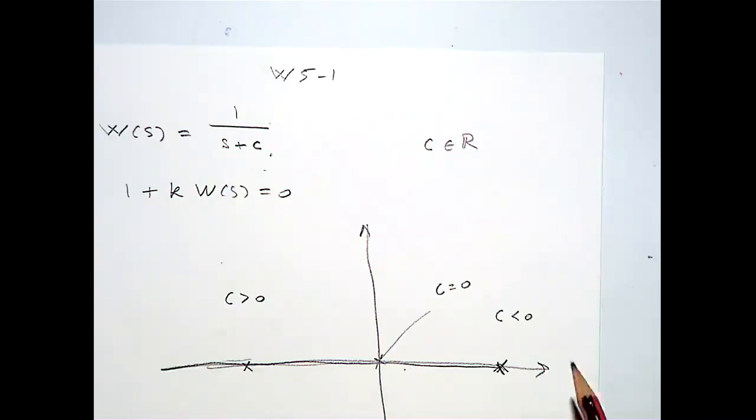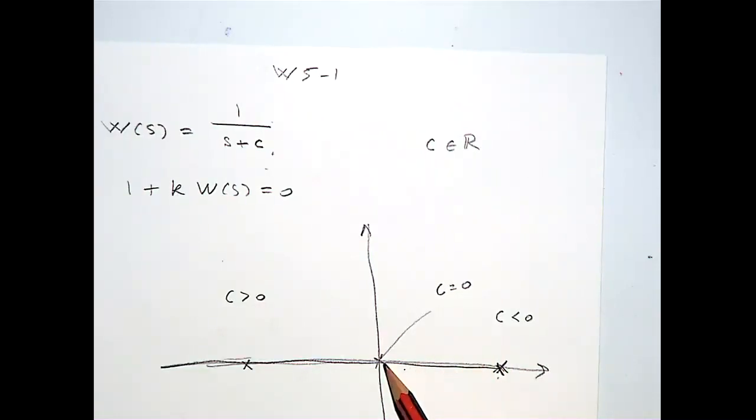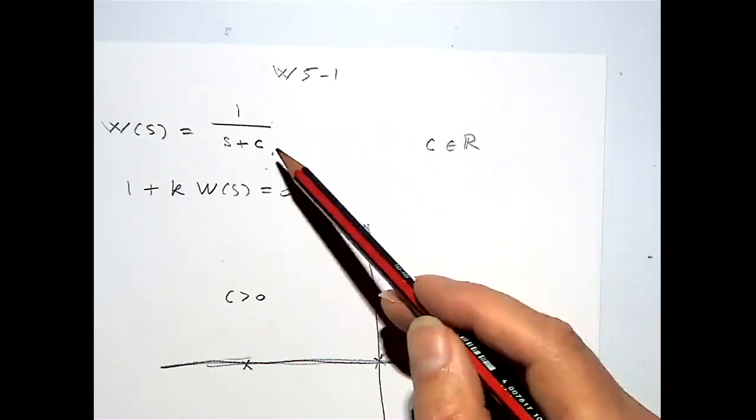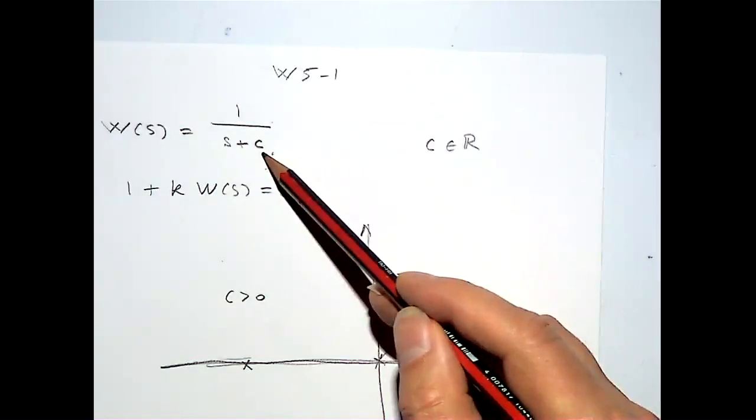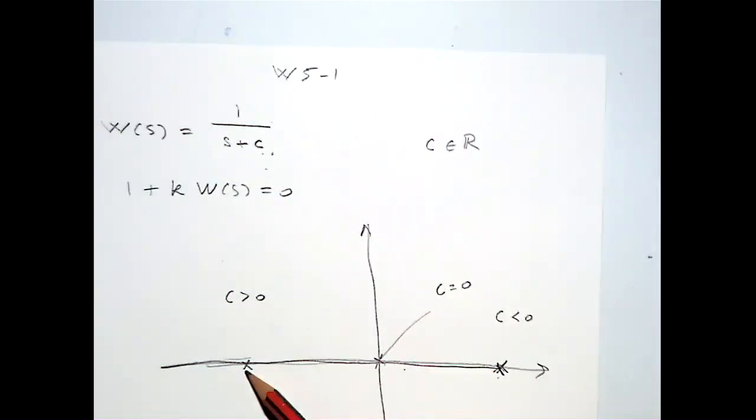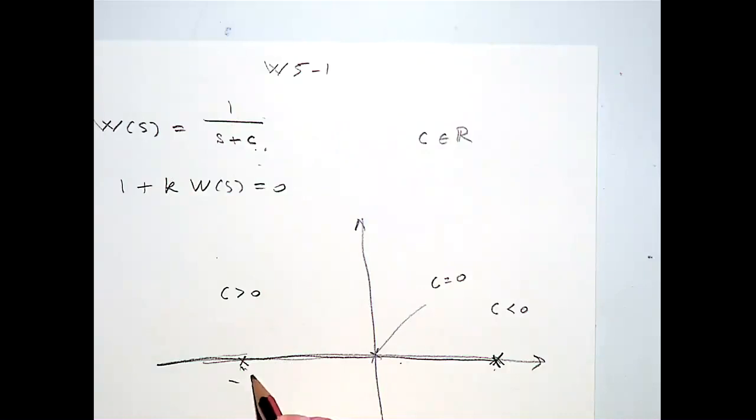Note that depending on the constant c, the root locus might start from here if we have an unstable open loop pole. It may start from here if c is 0, so we have just an integrator. And then it may start from here when c is positive, in other words the pole is negative, because the pole is minus c.